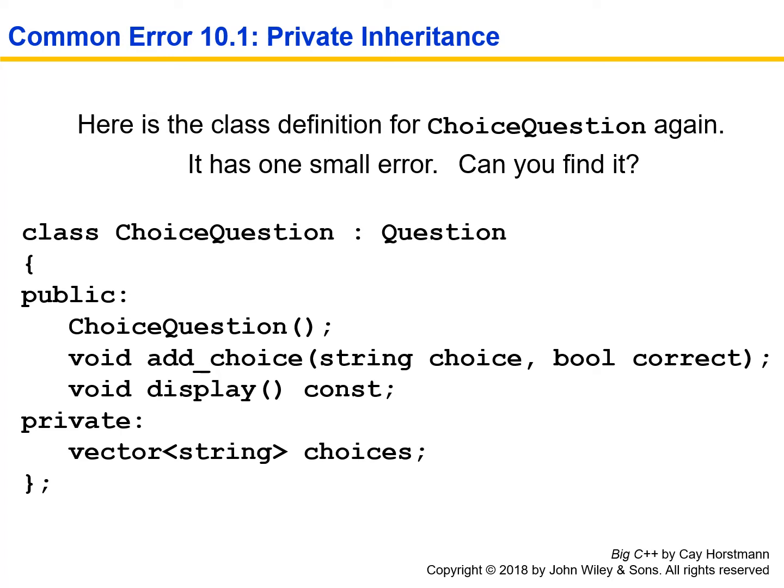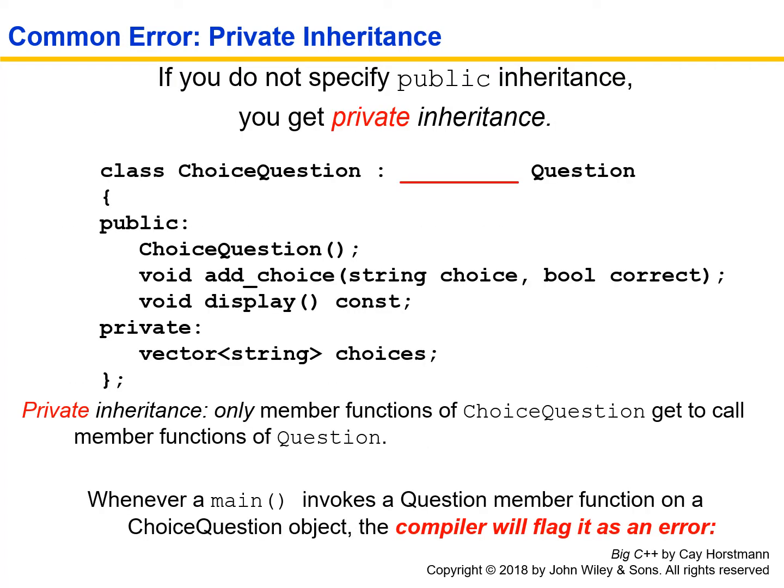A common error in inheritance is leaving off the word public after the inheritance colon. If you leave that off, the default is for the inheritance to be private, and that means everything that was public in the Question base class now becomes private in the ChoiceQuestion class, so that your main function could not call myChoiceQuestion.checkAnswer, because that has been inherited as a private member.